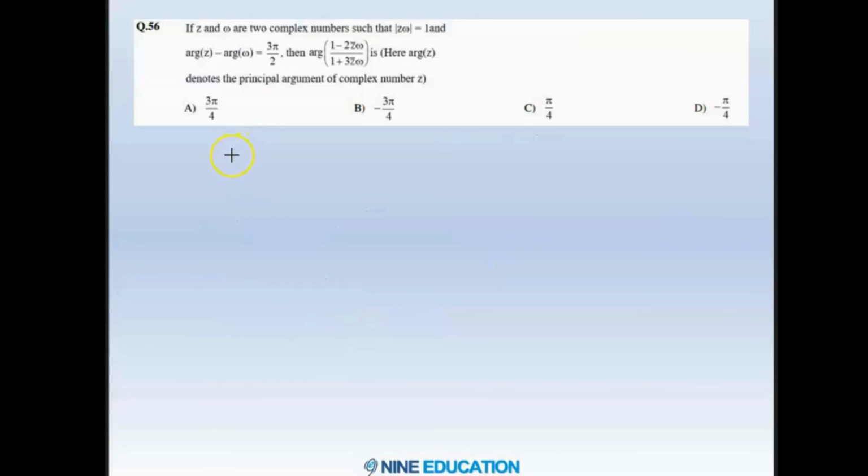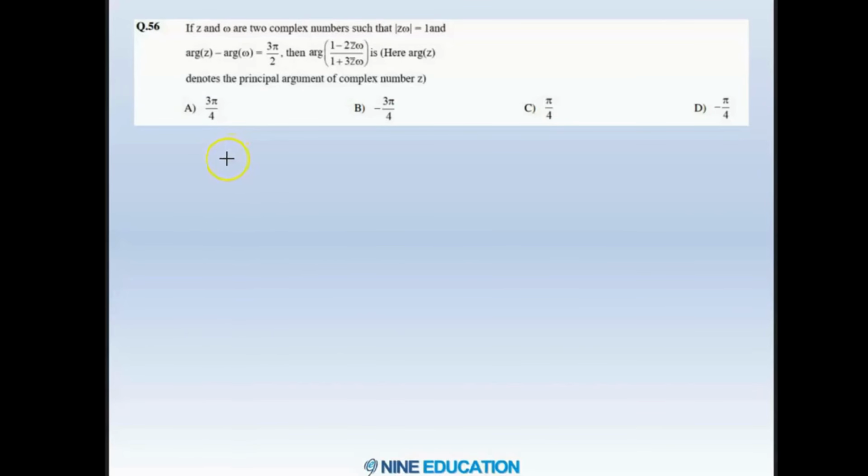Question number 56: if z and omega are two complex numbers such that modulus of z into omega is equal to 1, and argument of z minus argument of omega is equal to 3 pi by 2, then find the argument of (1 minus 2 z conjugate omega) divided by (1 plus 3 z conjugate omega). Let's say argument of z is some theta value, and z is represented as r e power i theta.